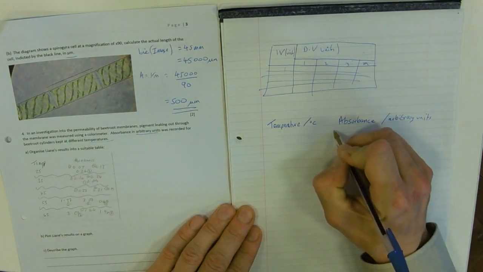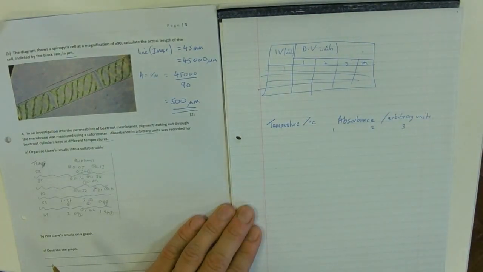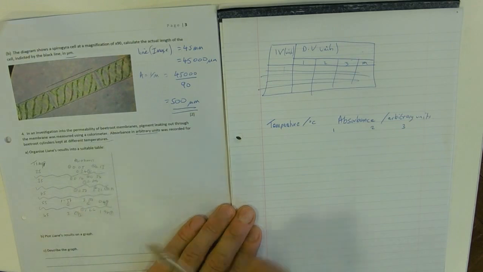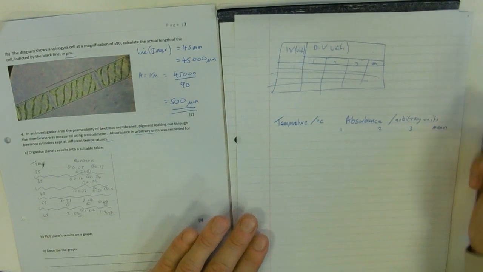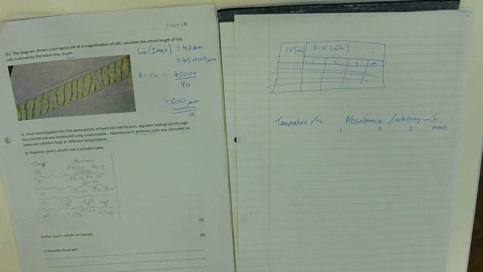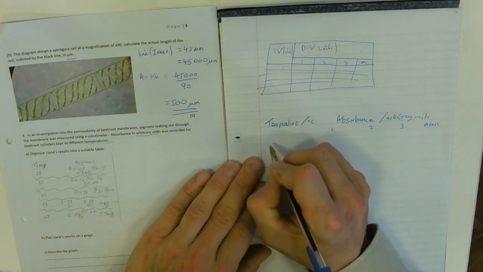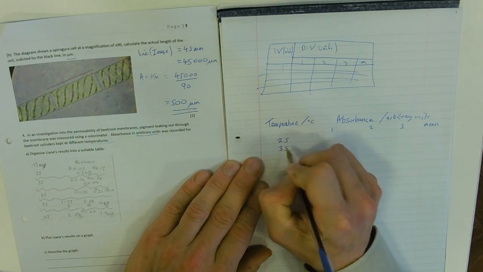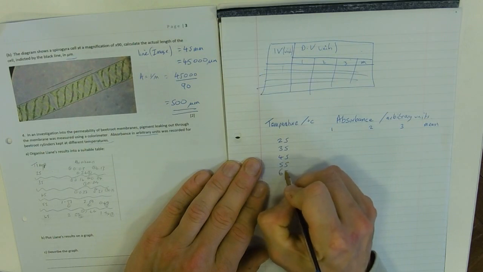So we have got result number 1, 2, 3. Okay, and absorbance was recorded, and we're going to make a mean for this. So there's our mean. So we're saying mean rather than average. Our temperatures are 25, 35, 45, 55 and 65.